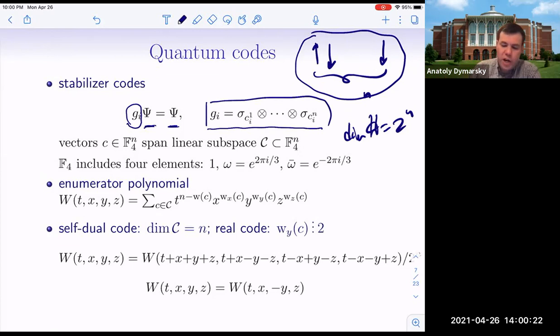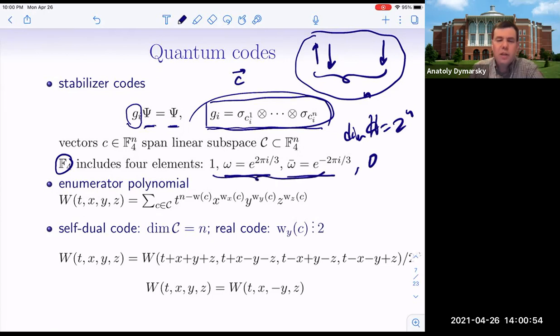So instead of writing elements of the stabilizer group in this form, you can simply encode them by the vector C, where each element of the vector C can take 4 values: identity, X, Y, and Z. It is convenient to write them in terms of elements of the field F4. There are 4 elements, and I have written only 3 of them: 0, 1, and 2 other elements.